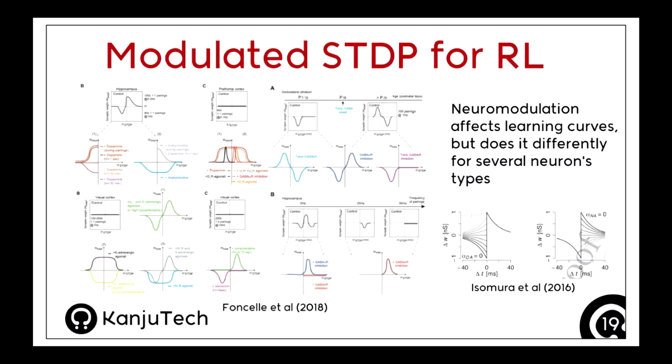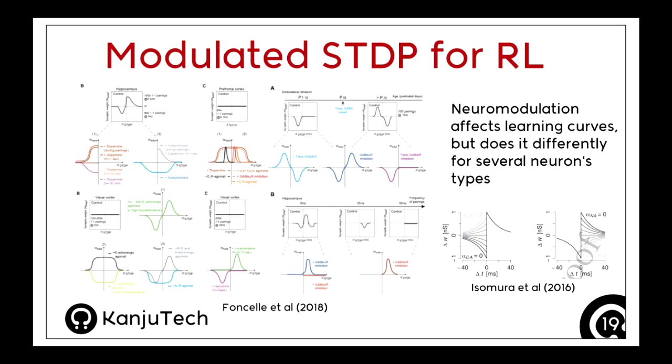In the real brain, the basic activity of many cells can be non-learnable. The learning curve is just silent until you add some neuromodulators. It's not learning anything until you add, for example, dopamine or noradrenaline.